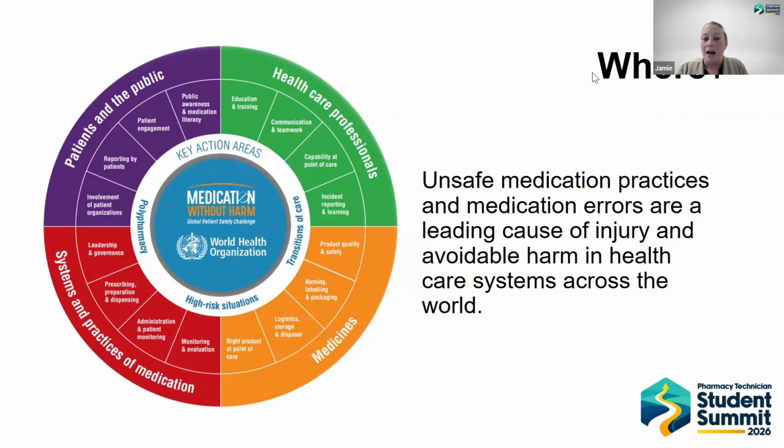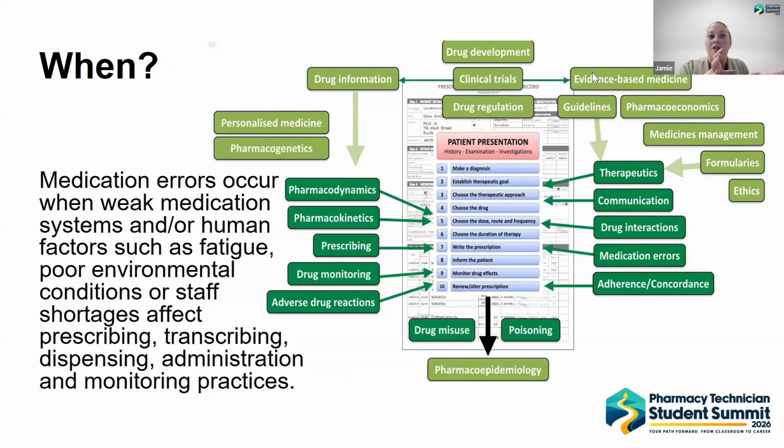And then when you compound that with the process of prescribing, the variables that have to be considered for each individual patient, you can see why there are so many protocols, so many standards, so many areas of knowledge that we're expected to at least acknowledge exist, that domain 3 becomes a little more understandable.